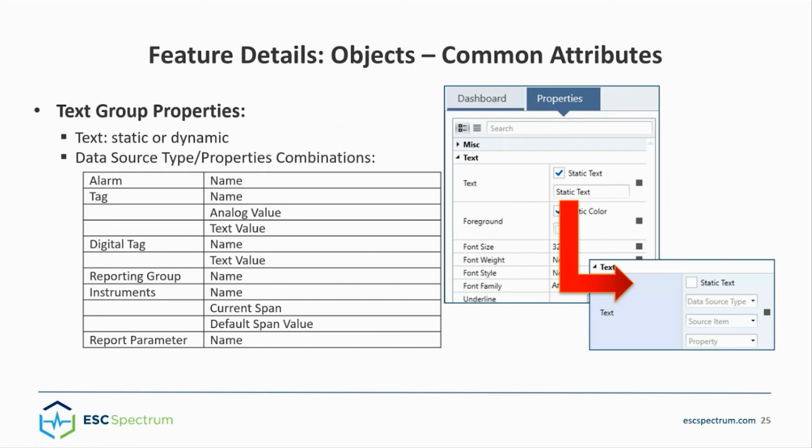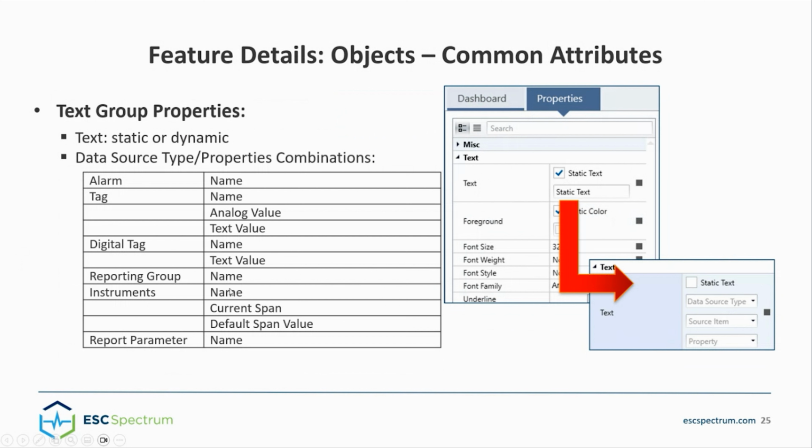Other common attributes, text related. Similar idea. It can be static text or unchecked, it will do the same data source configuration here. Again, we have alarms, tags, digital tags, reporting groups, instruments, and report parameters.